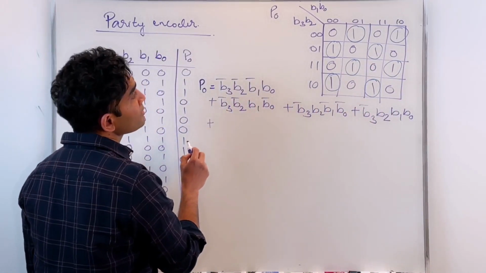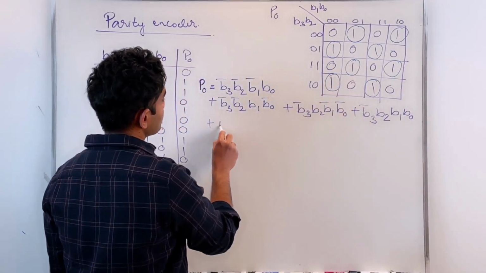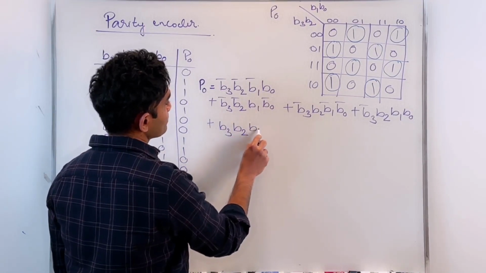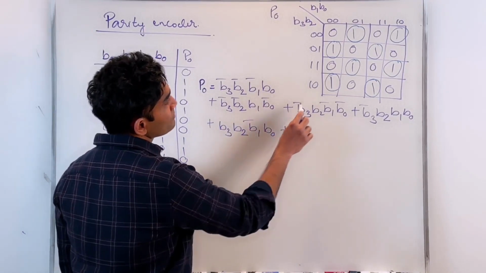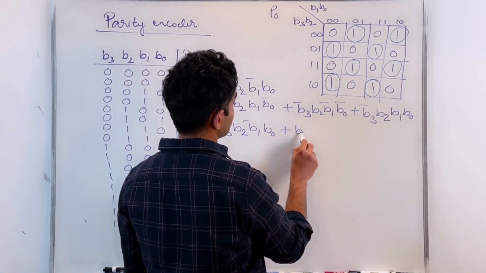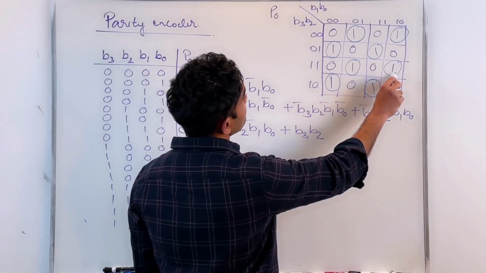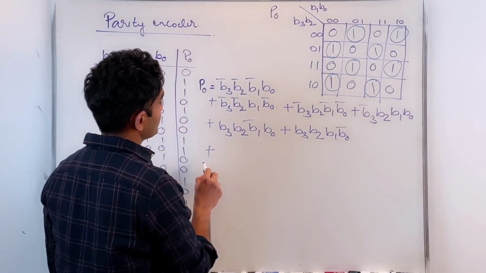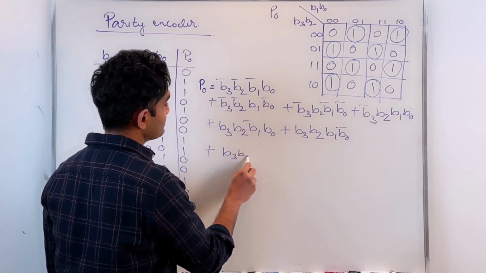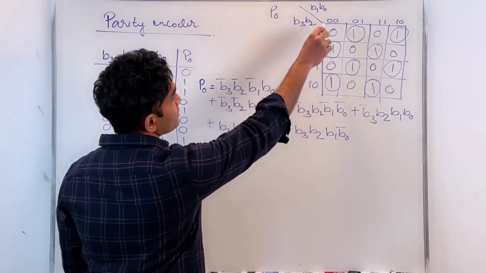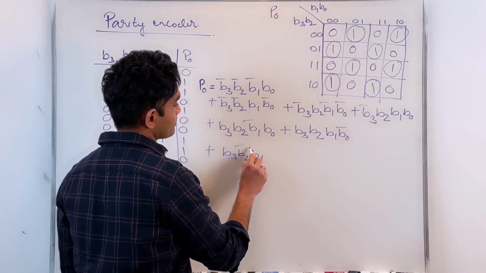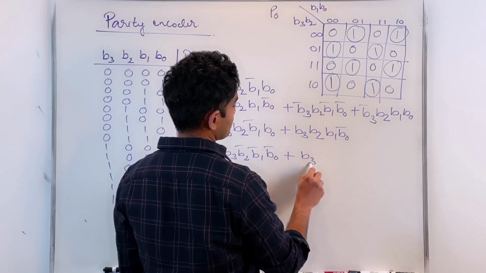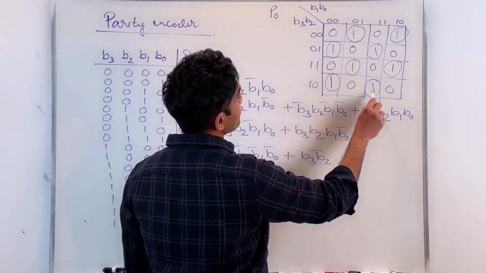Plus B3 B2 B1' B0, plus B3 B2 B1 B0', plus B3 B2' B1' B0', and B3 B2' B1 B0.